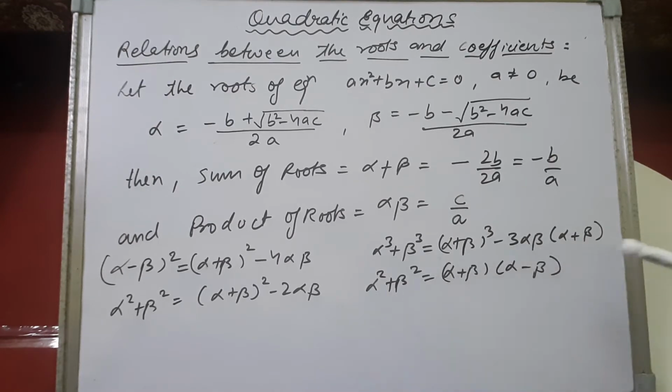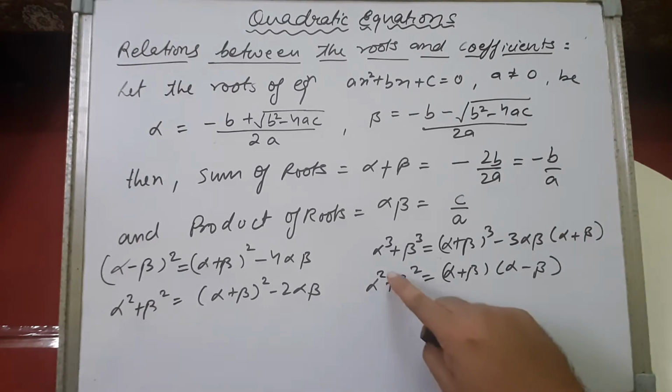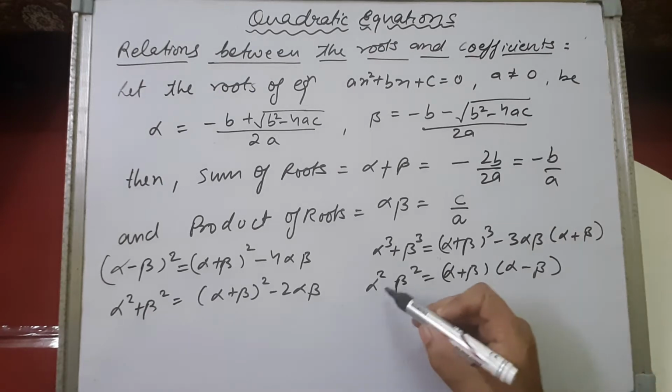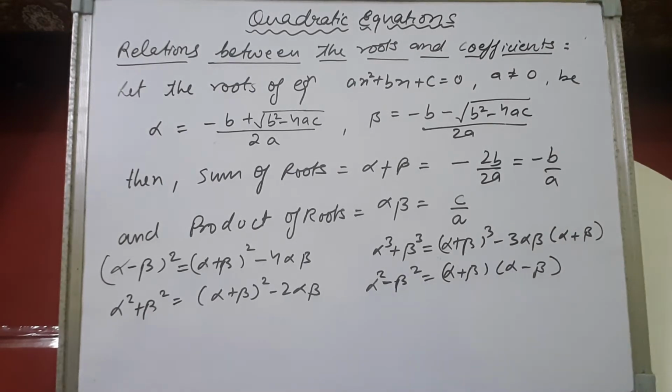Alpha cube plus beta cube can be obtained from this formula: alpha plus beta to the whole cube minus 3 alpha beta in bracket alpha plus beta. Alpha square minus beta square, it should be the difference of squares: alpha plus beta into alpha minus beta. Alright children. Please note down this much first.